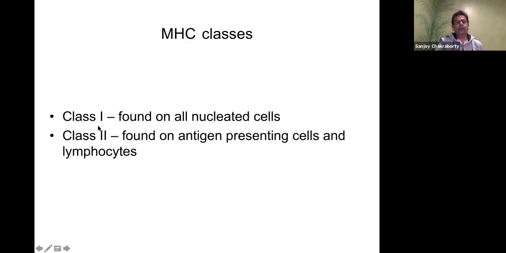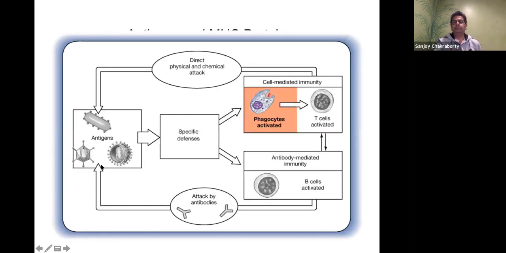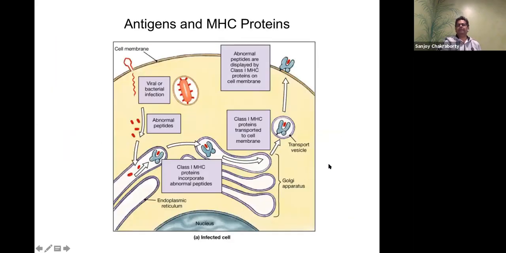Then we're going to learn what happened: the bad guy attack on the police officer's house. So let's look at this one. As I mentioned earlier, every nucleated cell has MHC proteins.